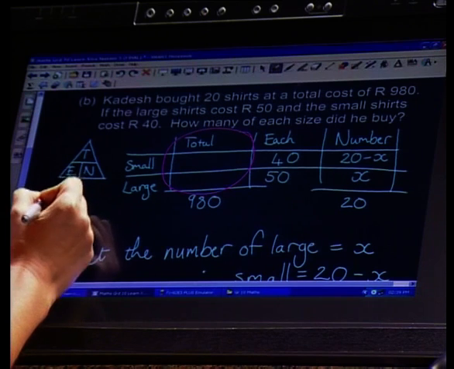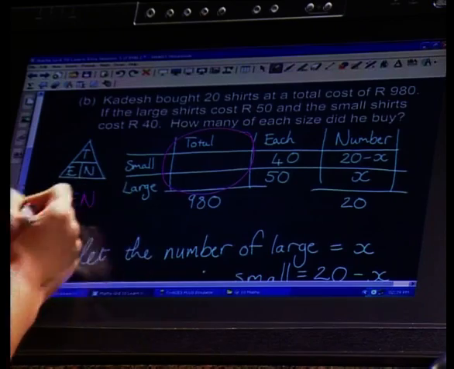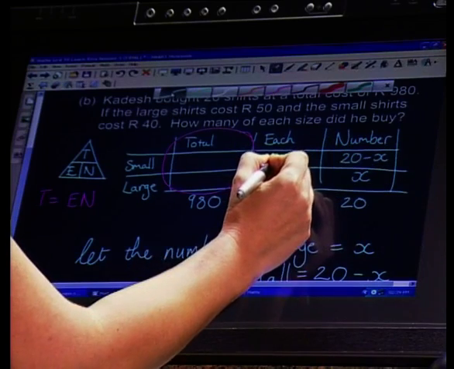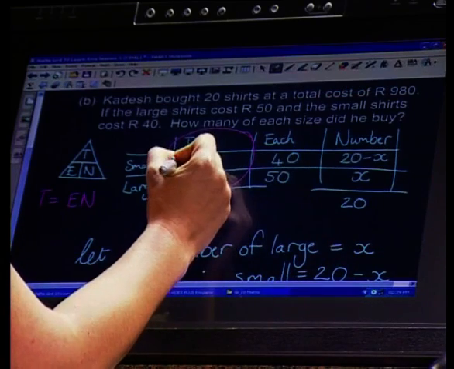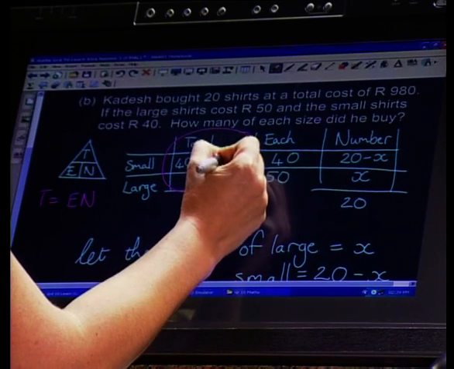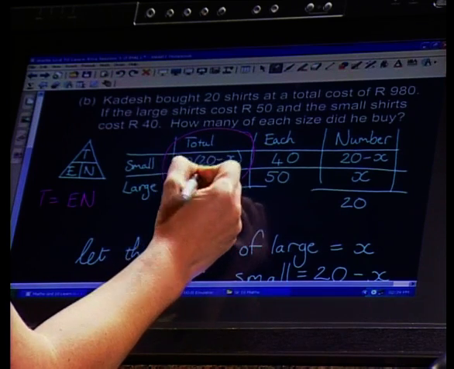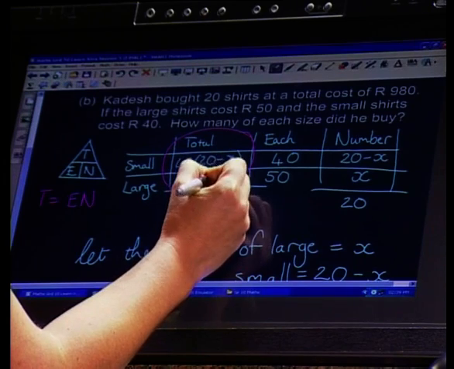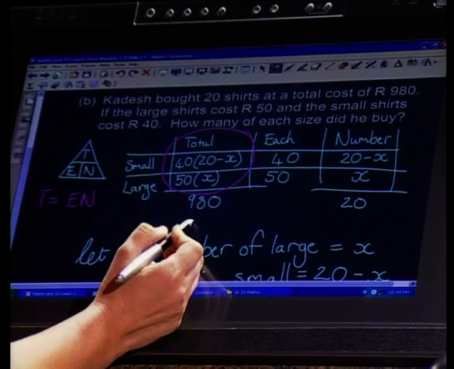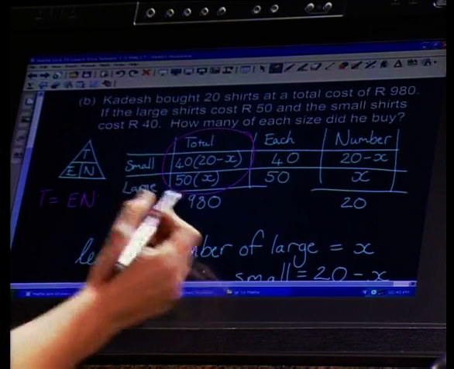Well, total is equal to each times number. And that means in that column, we're going to multiply each by number. So each by number, and each by number. And what they've said is that the total price is going to be 980. That's really nice then, because our equation has been established for us.